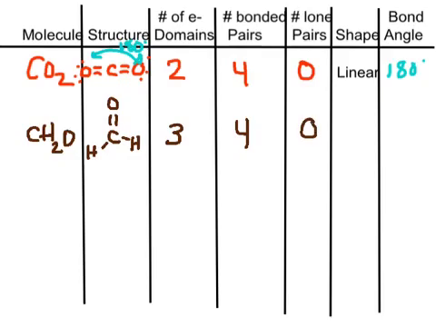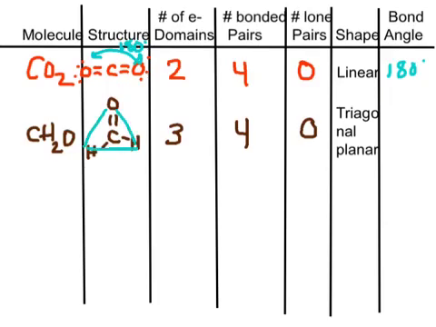When we have 3 electron domains and all of them are bonded, it's what we call a trigonal planar shape. It's called trigonal planar because it's a very flat molecule. It's one of the only ones that actually sits very flat on your hand, and it looks like a big triangle.